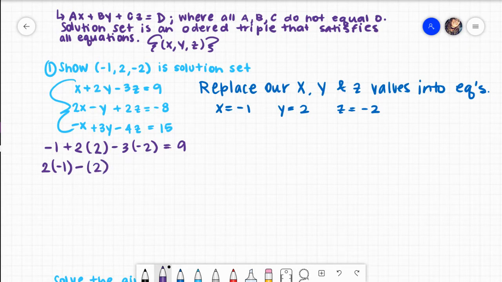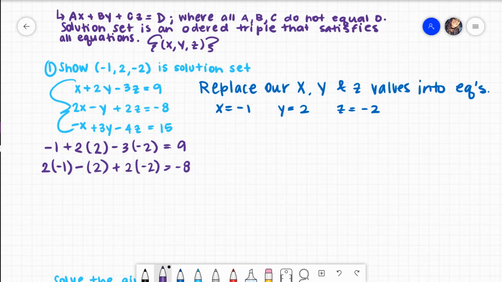I went ahead and put that y in parentheses because I want to know for a fact that I did plug it in, mainly because it's in the middle of the equation. And then I have a positive 2z. My z is -2. And that equation is supposed to equal my -8.